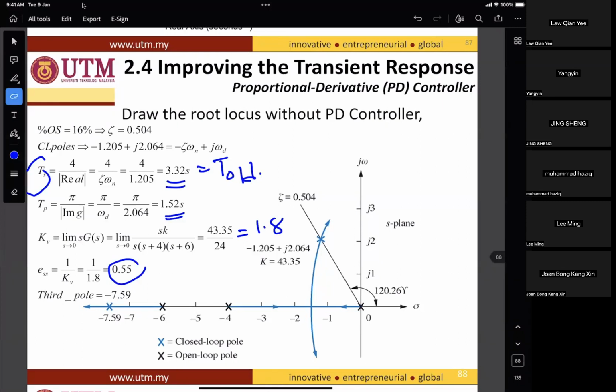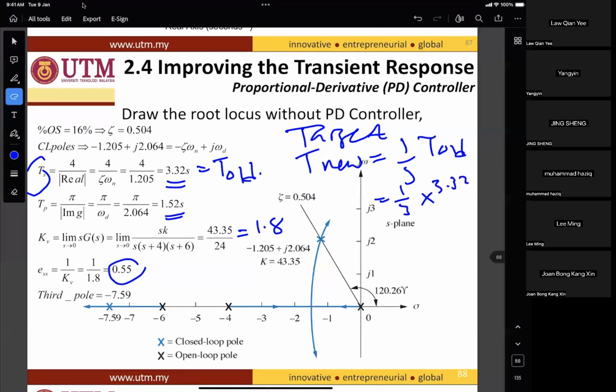So our target is T new equal to 1 over 3 of T old. So 1 over 3 multiplied by 3.32, how much?